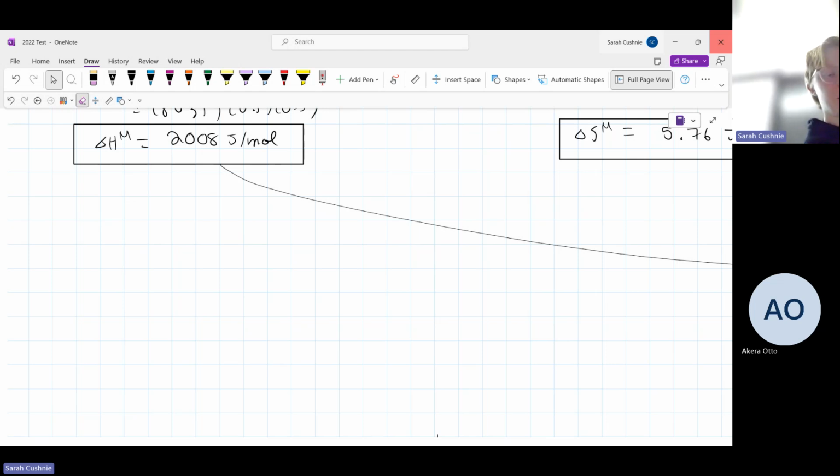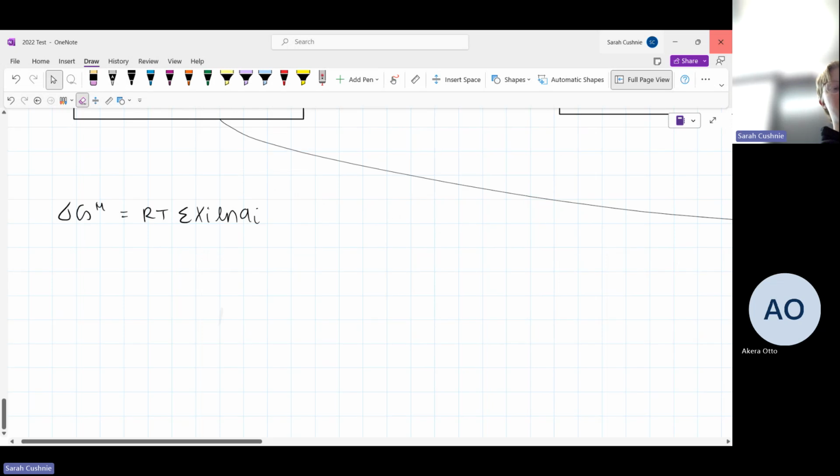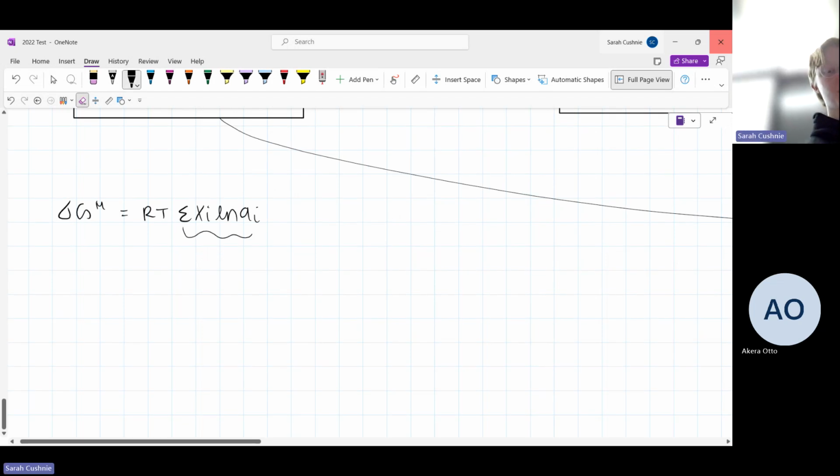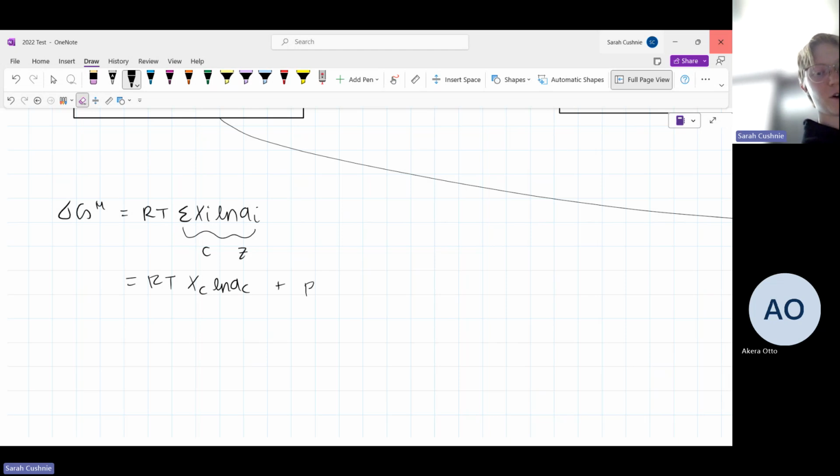If you remember, we were calculating delta G of mixing. We said this was equal to RT times the sum of Xi ln ai. What if we break this sum up into component C and component Z? So it's going to be equal to RT XC ln aC plus RT XZ ln aZ.